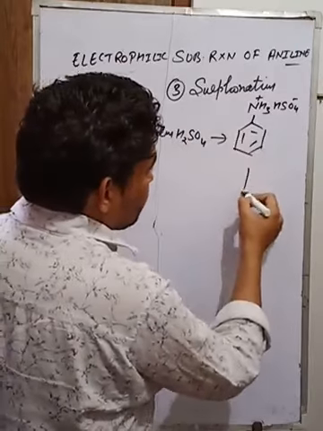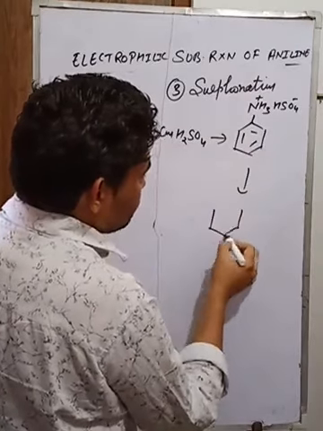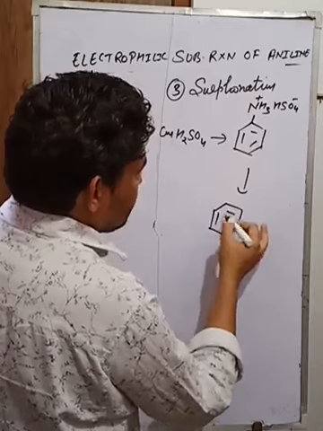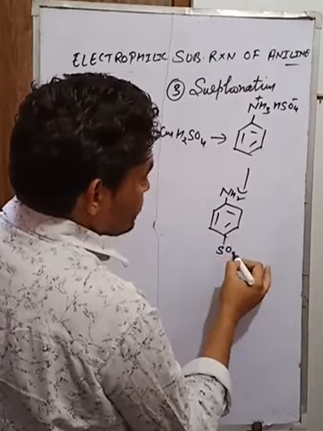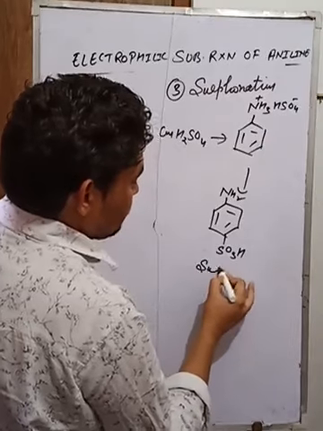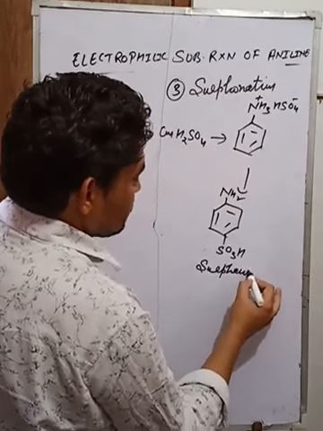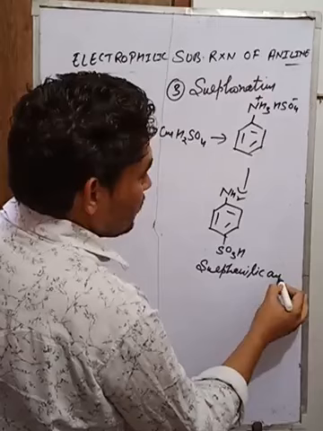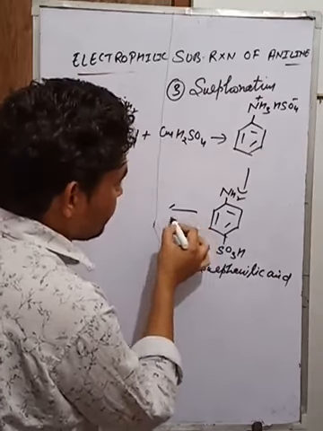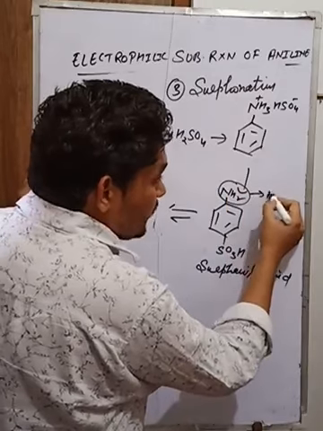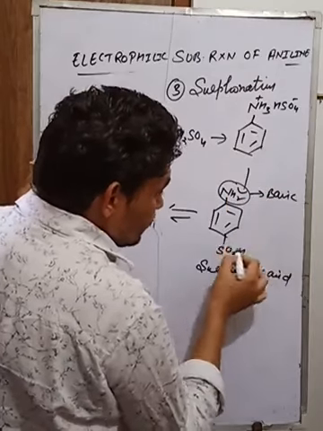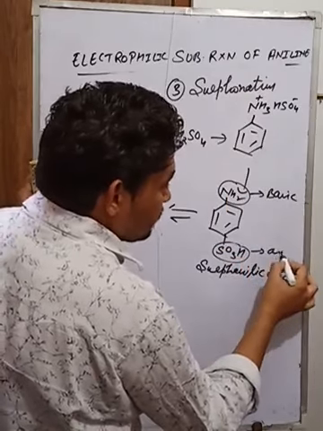And now there is the formation of sulfonic acid. In this sulfanilic acid, the NH2 group is a basic group and the sulfonic group is an acidic group.